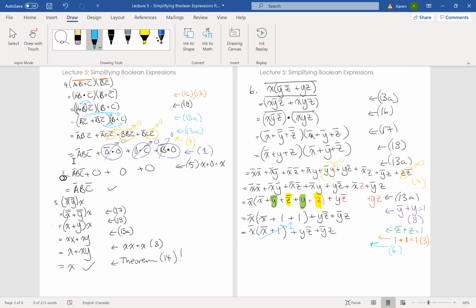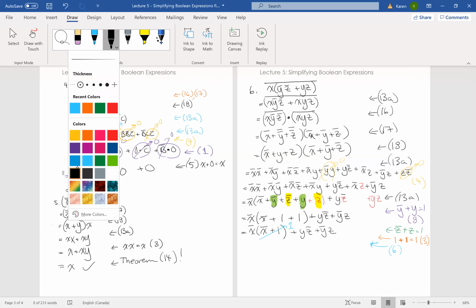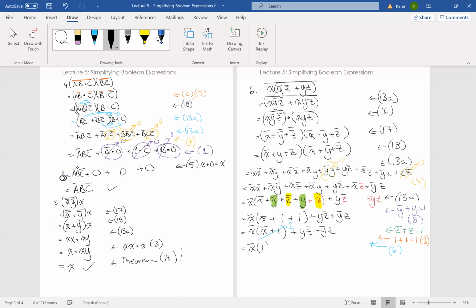It says anything ORed with a 1 has the answer 1. So now our answer is x bar times 1 and 1. So here is our expression. And now I've come to my next question, where x bar and 1, anything ANDed with a 1 is just itself. So that's just x bar.